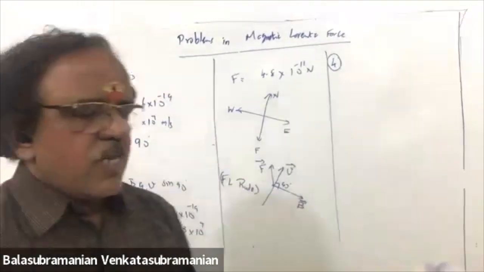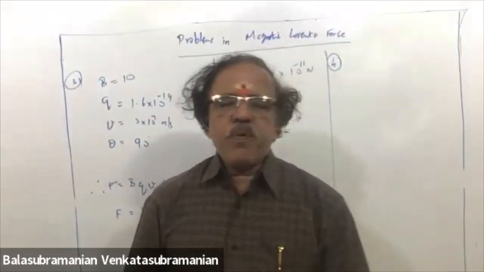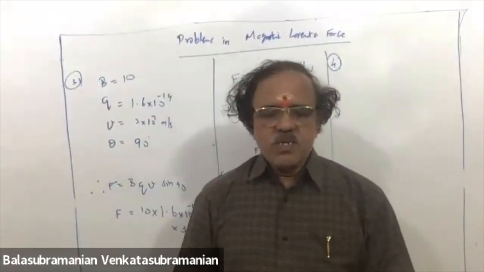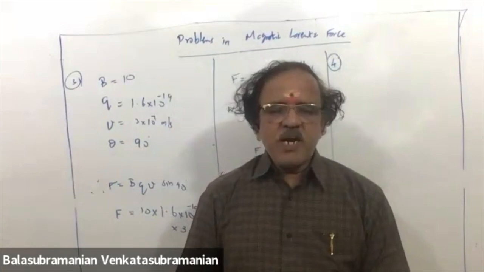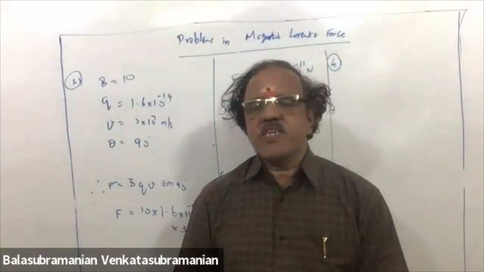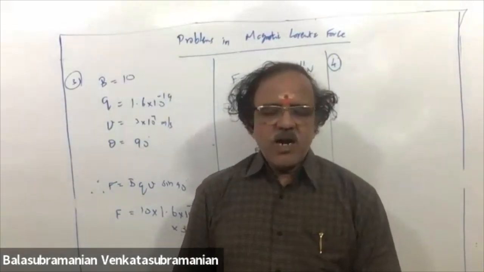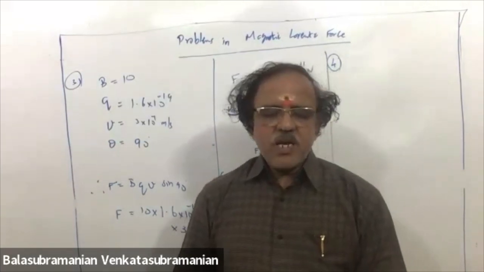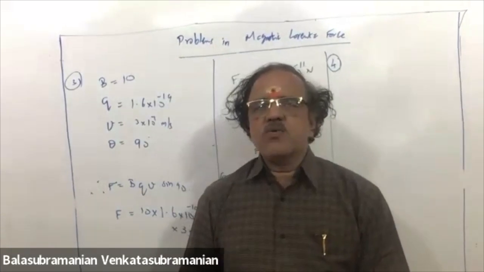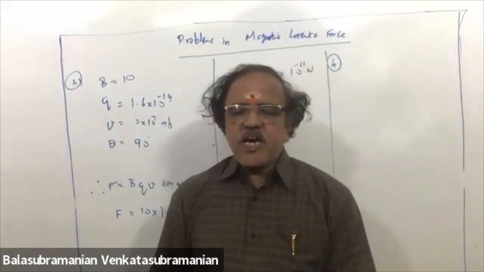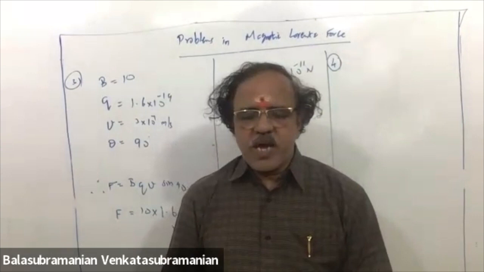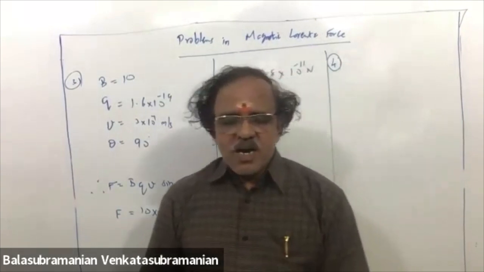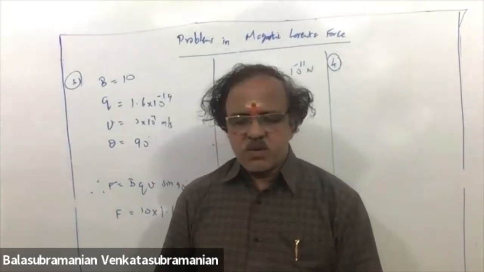A positive charge of 1.5 microcoulomb is moving with a speed of 2 into 10 power 6 meter per second along the positive x-axis. Magnetic field B is equal to 0.2 J plus 0.4 K Tesla acts in space.